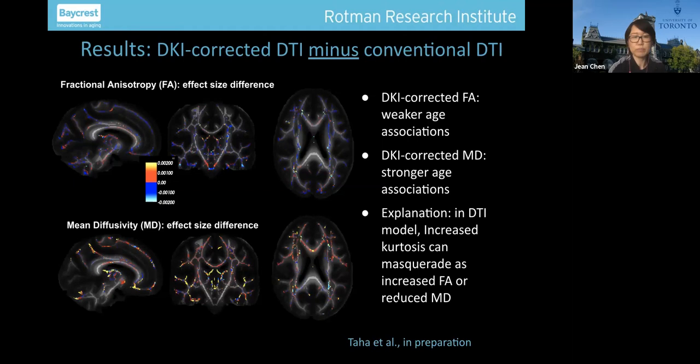This would be a longer explanation, which I don't have time for today, but for those that work with these models, it's apparent that in the DTI model, the kurtosis can be attributed to different parameters. So if we don't have a kurtosis term, we will attribute kurtosis variations to either FA or diffusivity.